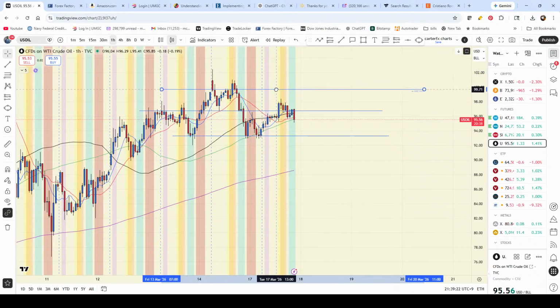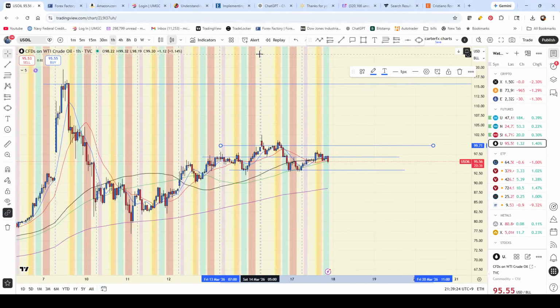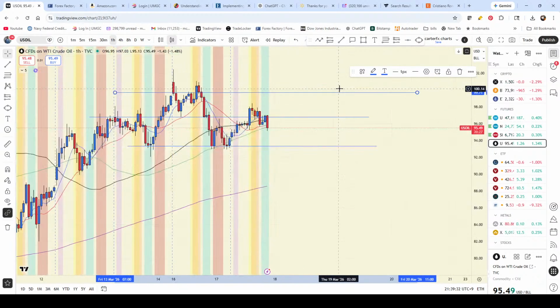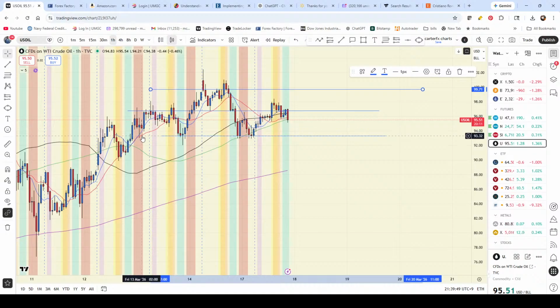And the reason why I'm doing this, I wouldn't particularly do this in a regular day trading US30, i.e. peacetime. But since the war, again, I've been seeing a lot of confluence with oil and the indexes.